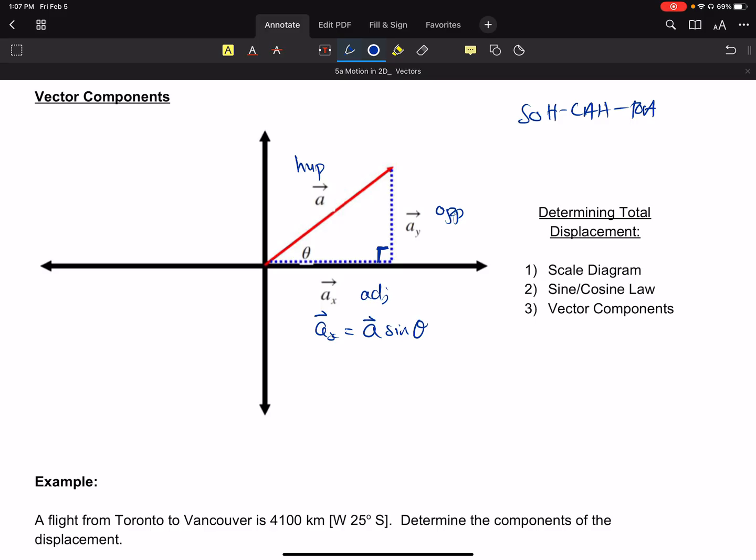And then your AY, when you use SOHCAHTOA, breaks down to A sine theta. Oops, sorry, I was solving for X here. This is cos theta. When you do SOHCAHTOA, that'll be cos. And then for your Y, it'll be sine theta. So what we are often going to do is break our vectors down into our individual x and y components.